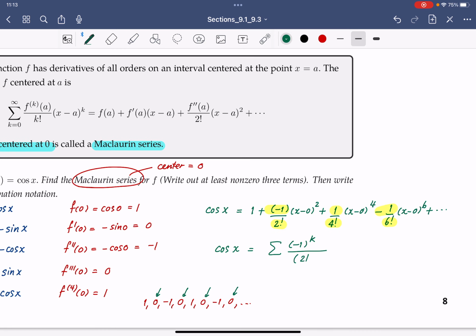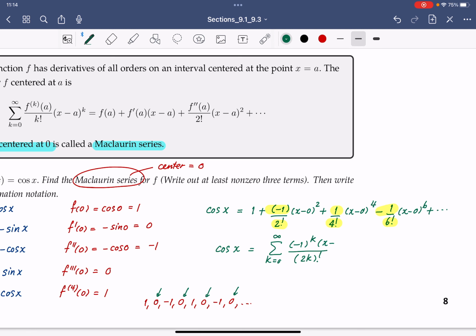Can we do 2k factorial, with k starting from 0 to infinity? For 2k factorial, the first term is 0 factorial on the bottom, which is 1. The second term is 2 factorial, the next is 4 factorial, and the next is 6 factorial. Okay, good. And then this is x minus 0 to the 2k, which is actually x to the 2k. This is the form of the Taylor series for cosine. Make sense?